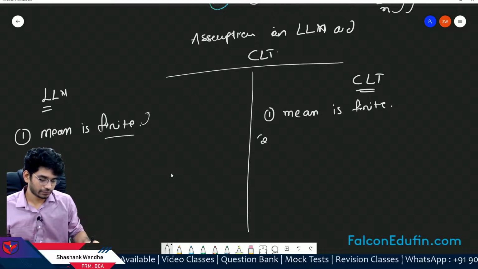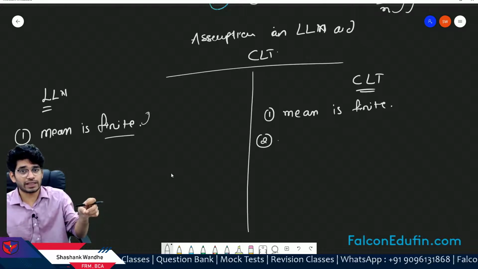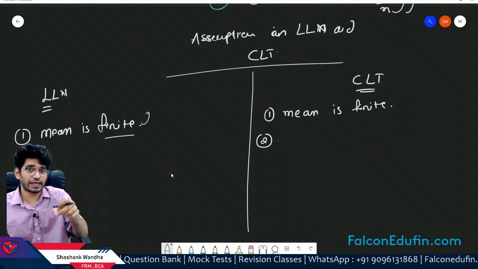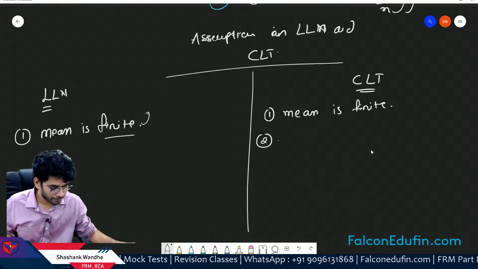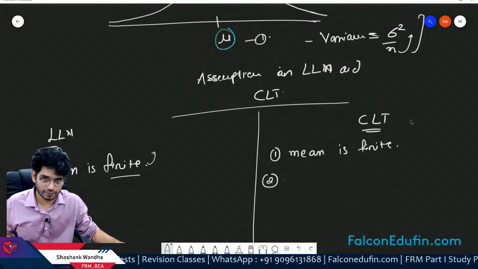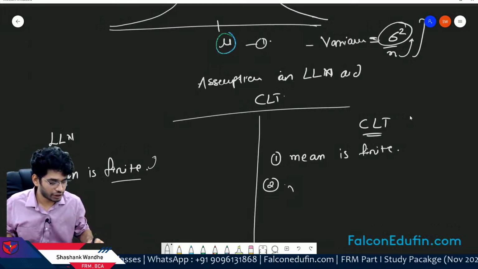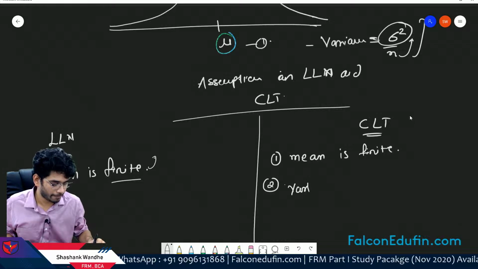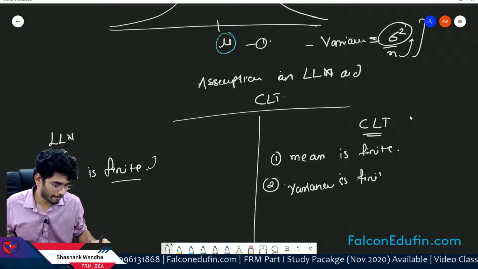finite, but because you are also calculating the variance of the estimate using population variance, the variance should also be finite.